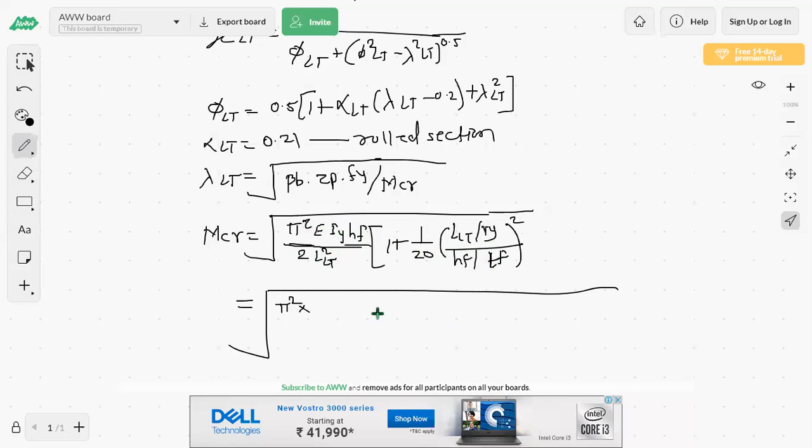This formula is given in the procedure. Now what is E? Modulus of elasticity for steel is 2 into 10 raised to 5.